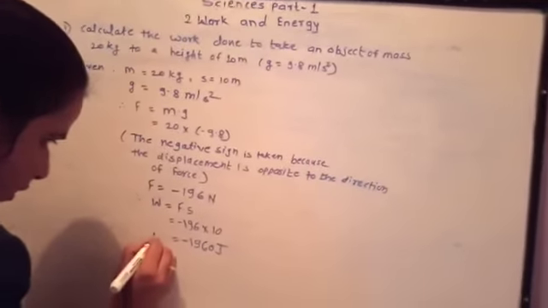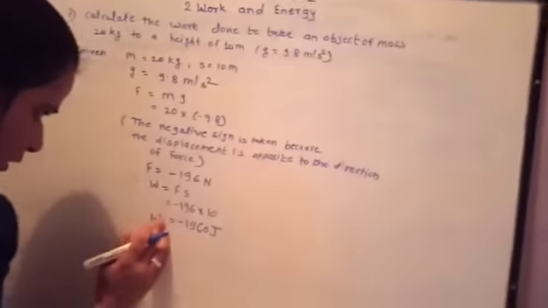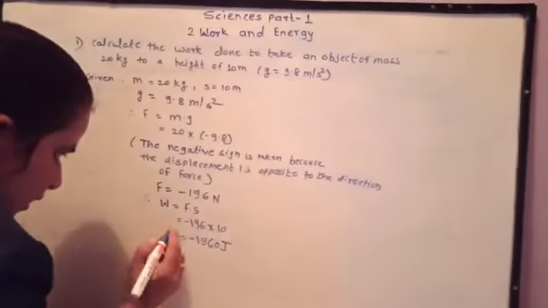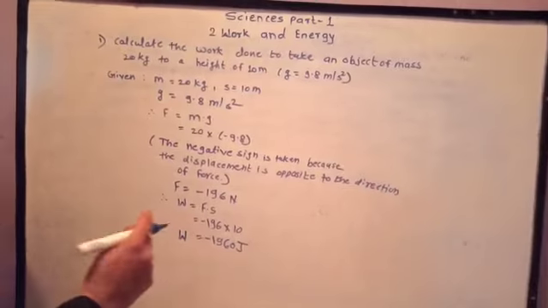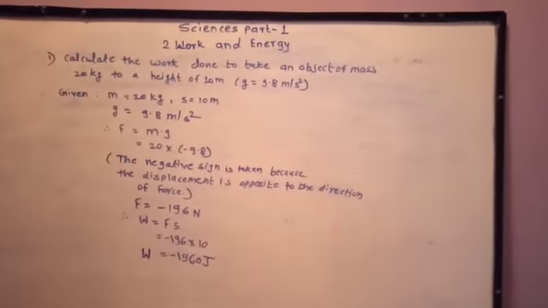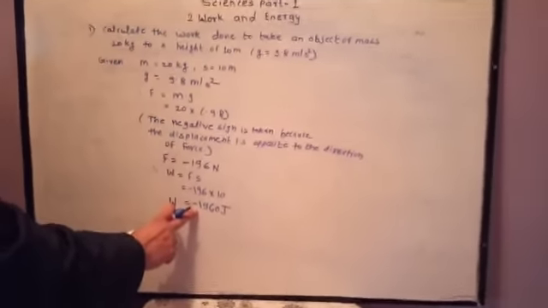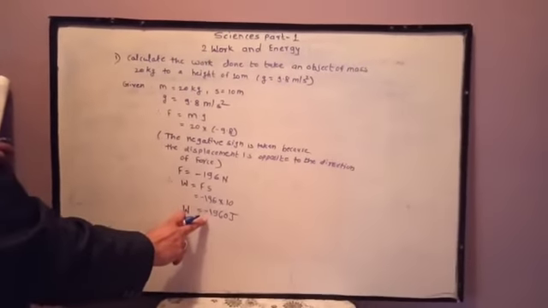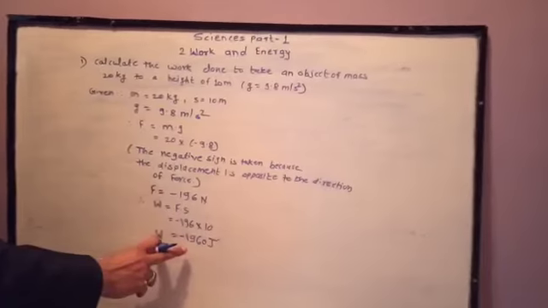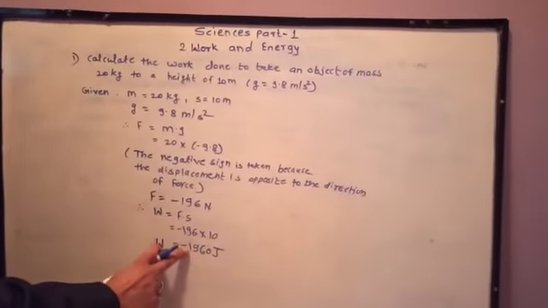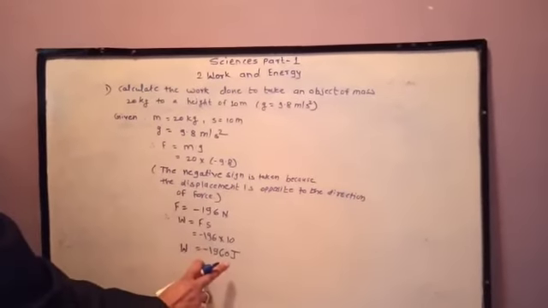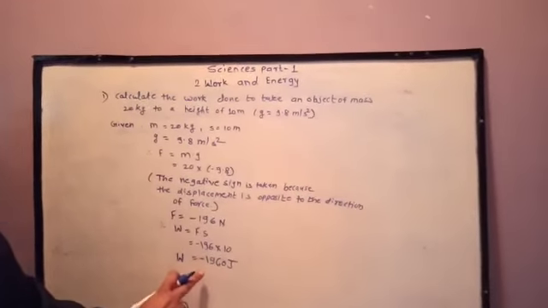The work is 1960. The negative sign appears because the direction of the force is opposite to the direction of the displacement, so the work done is negative.